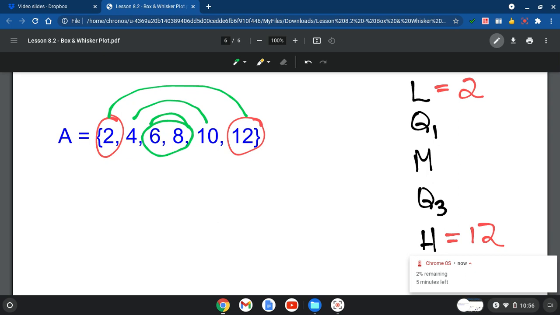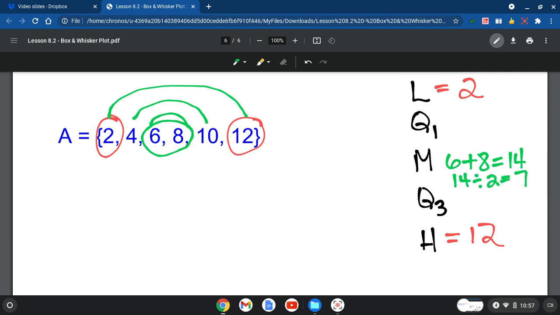Therefore, we will need to find the average of both of those centers. To find the average, I would add 6 with 8 to get 14, and then divide 14 by 2 to give me a median of 7.